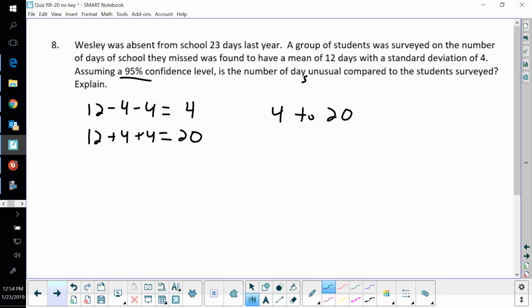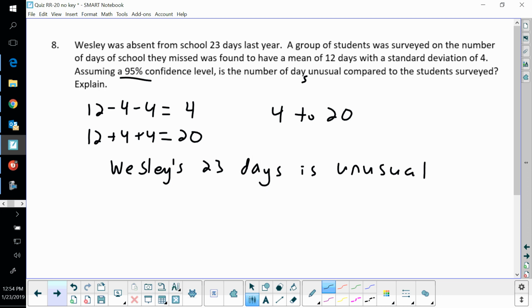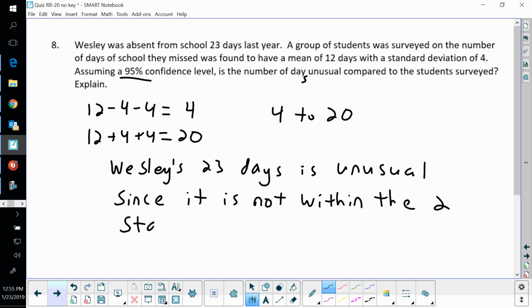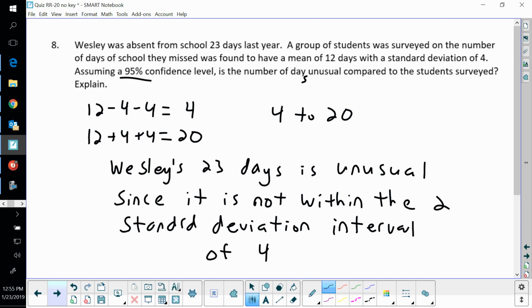So Wesley had 23, so we would say Wesley's 23 days is unusual since it is not within the 2 standard deviation interval of 4 to 20.